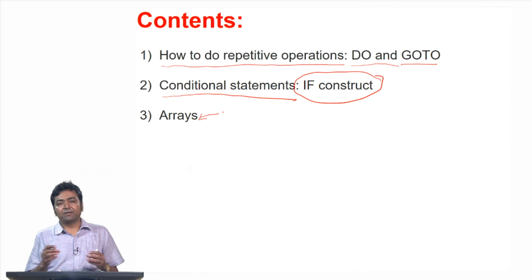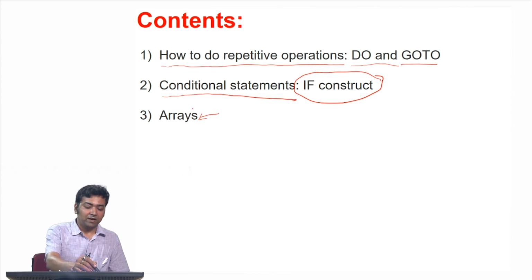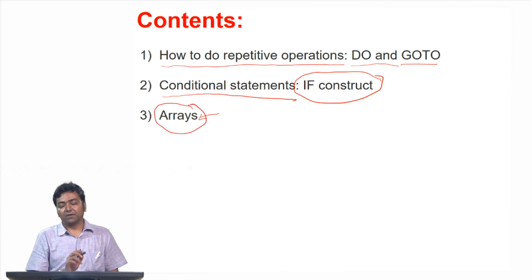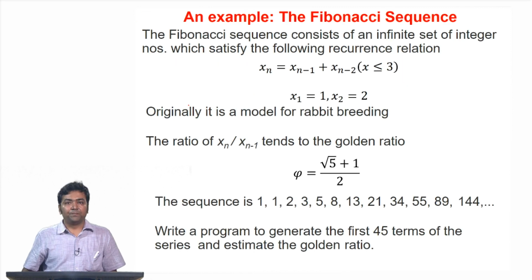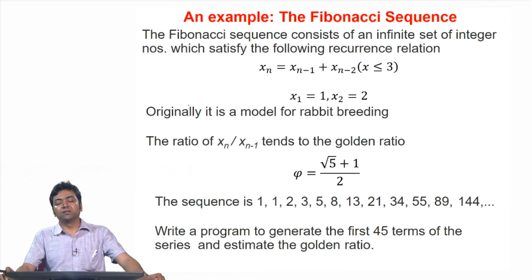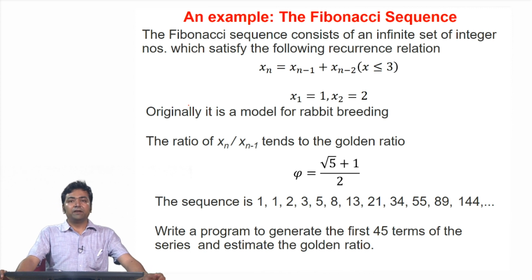But for the same type of numbers, when I have a large set of such numbers, instead of using an individual variable name for each, I can use something called an array, and we will see what it is. The purpose of an array is that it helps us reduce the usage of a large number of variable names. Okay. To see how to do these things, we start with an example.